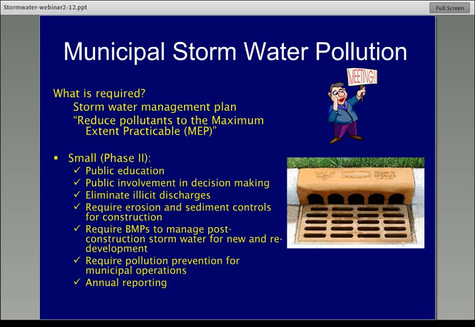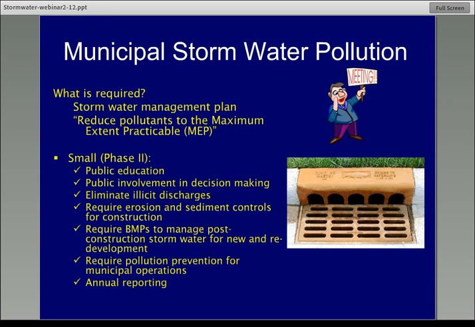We have seen that in other parts of states, they might come up with a watershed focus for their stormwater controls, and I would encourage you all to think about that. It is important especially if you're dealing with, as many of us are, watersheds that either have specific high quality needs or specific impairments that need to be addressed in stormwater.